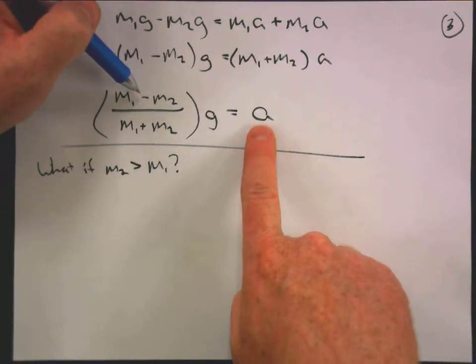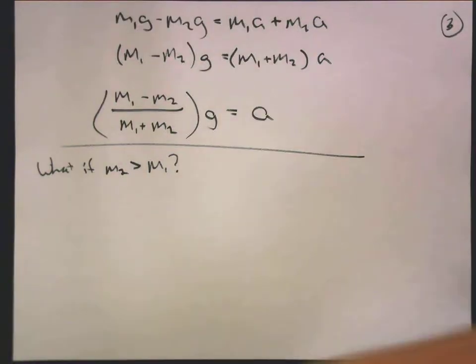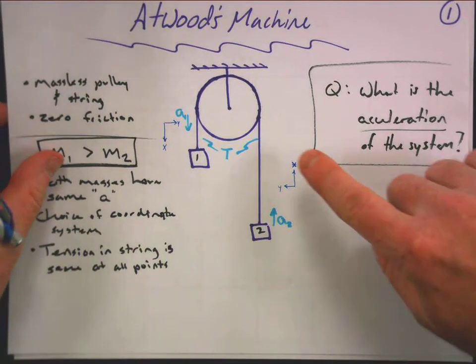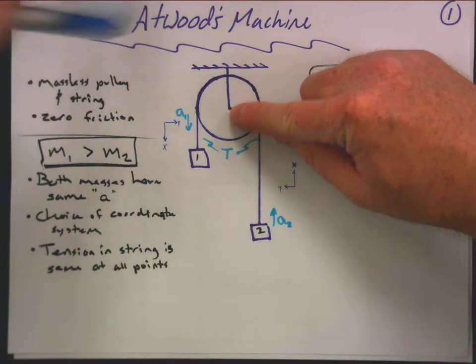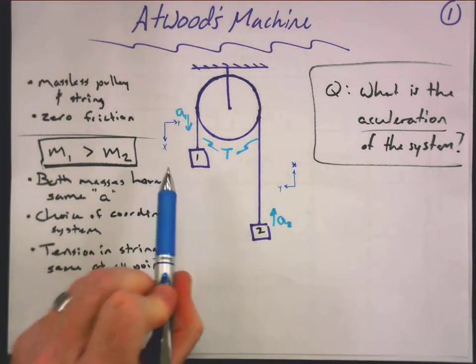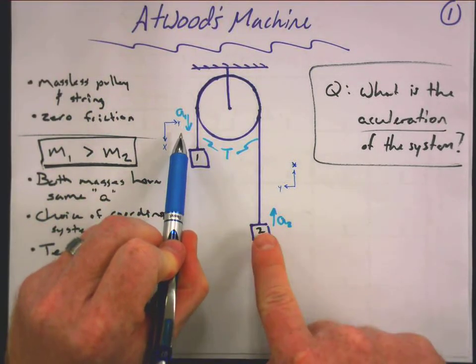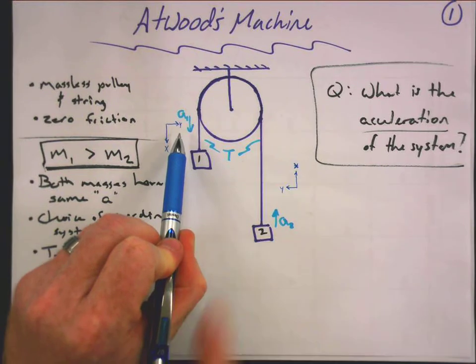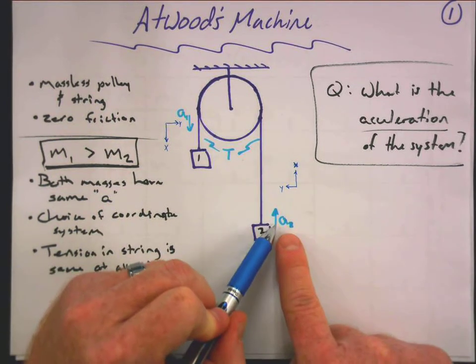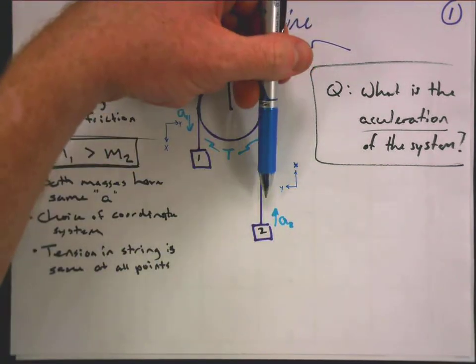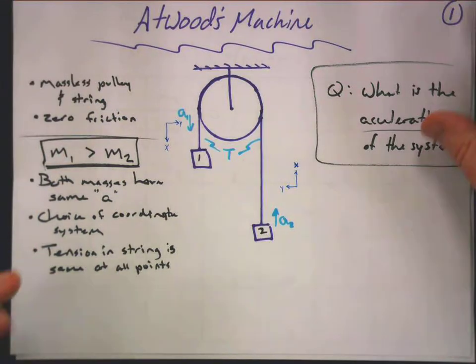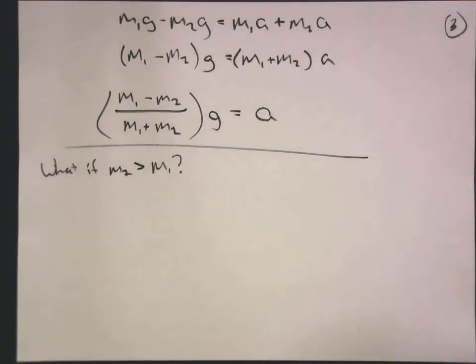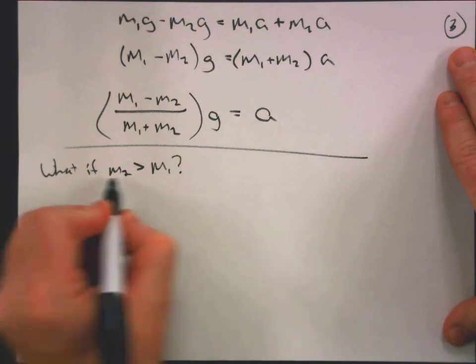We get a minus sign for our acceleration in this coordinate system. Instead of A in the positive direction, A would be in the negative direction with M2 larger. Same thing over here. Instead of A in the positive direction, A would be in the negative direction with M2 larger, right? So that's sort of easy to reason out.